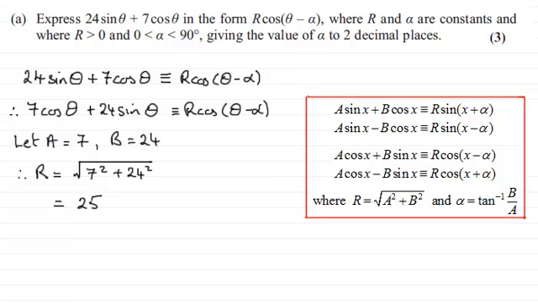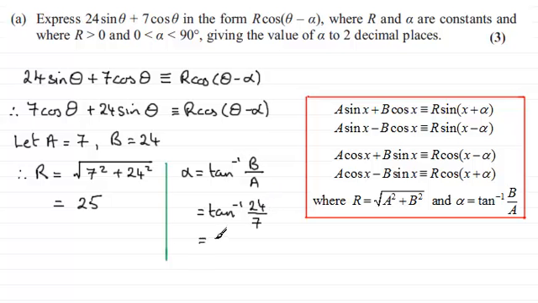Now we need to work out what the angle alpha is. Alpha always equals the inverse tan of b over a. Always. So in this example, it's going to be equal to the inverse tan of b, which is 24, divided by 7.